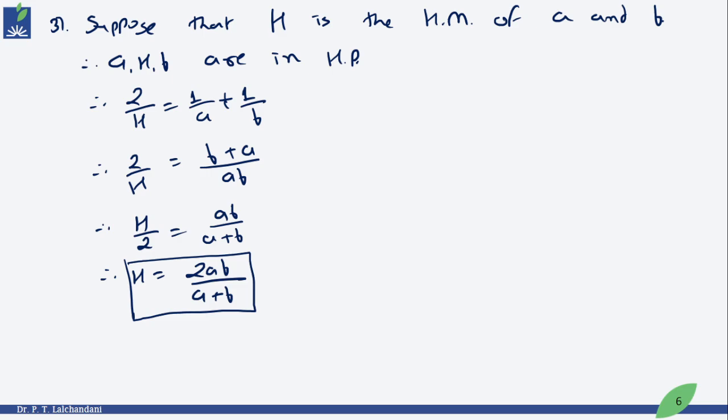Once again, here we are proving that H is equal to twice AB divided by A plus B. It simply means that this formula gives us how to calculate the harmonic mean of two numbers A and B. Okay. Let us see one more remark.